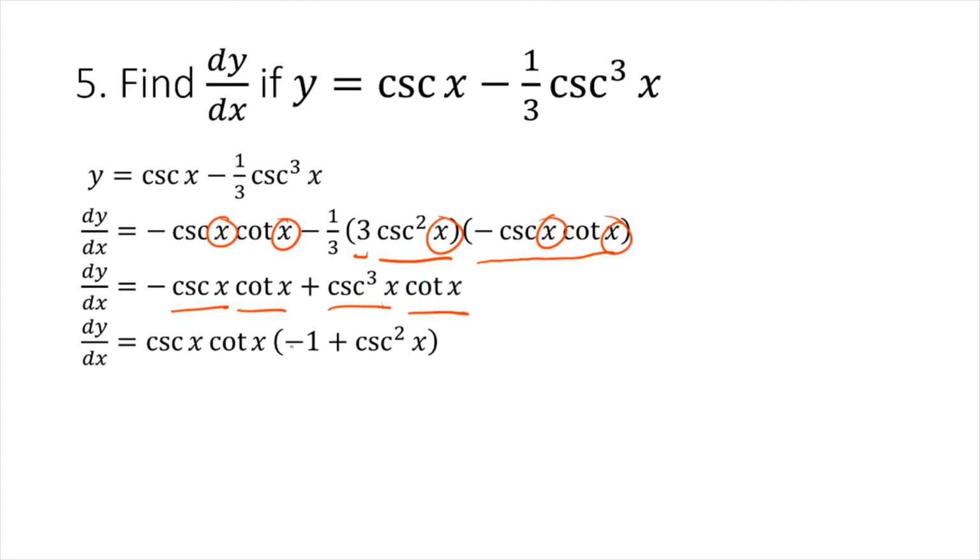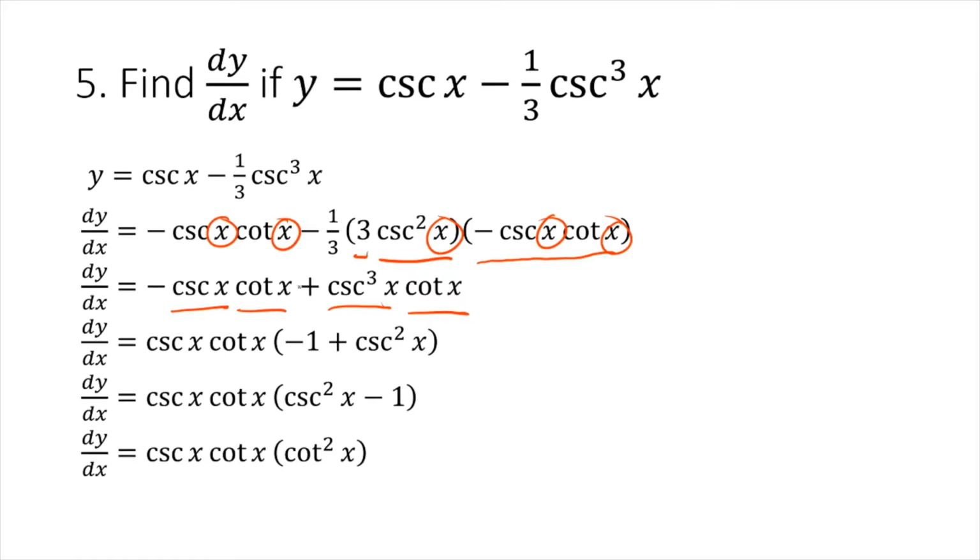Okay, and then this expression inside the parentheses, let's rearrange so that we can clearly see that it's the Pythagorean identity of cotangent squared. Okay, and so simplifying further, this will result to cosecant x cotangent cubed x. Okay, this is now our final answer.